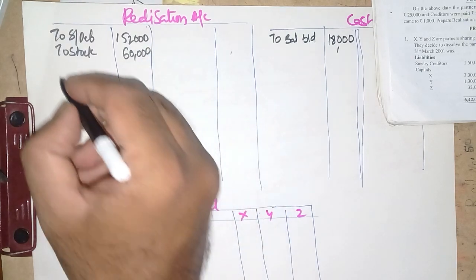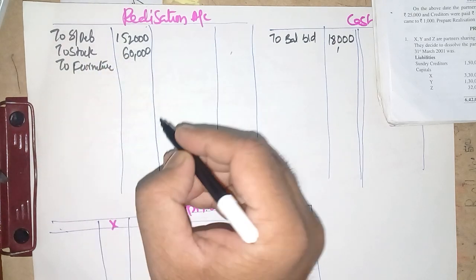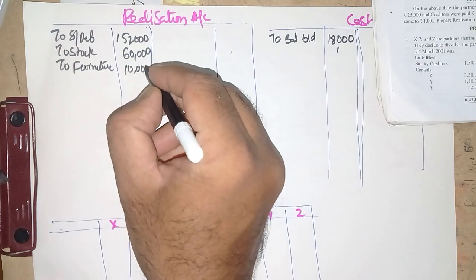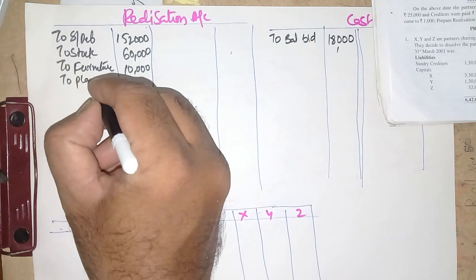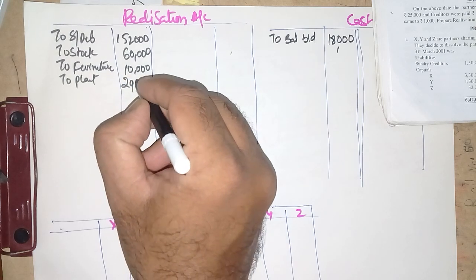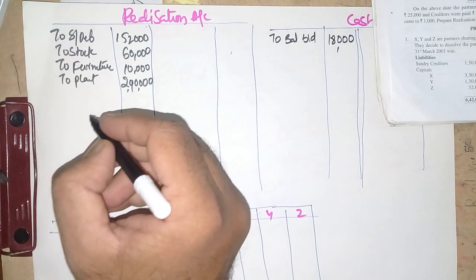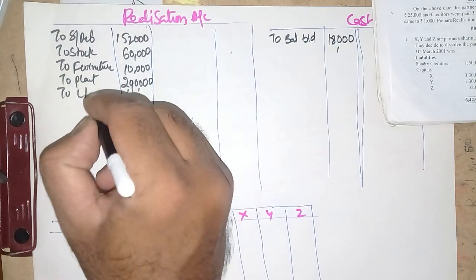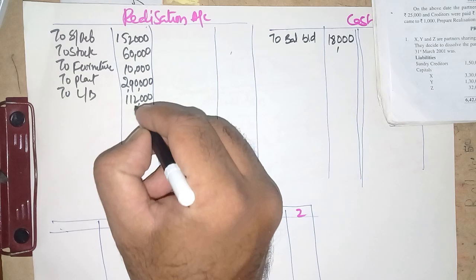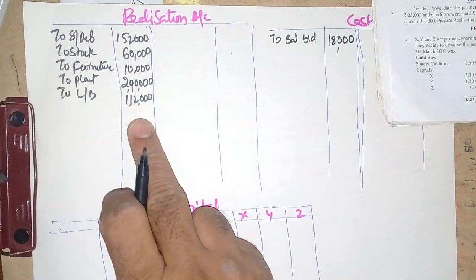Then we have furniture, which comes to 10,000. To plant, which comes to 2,90,000. Then land and building. To land and building I have written an abbreviation here, you can understand, 1,12,000. So like this, what we have done, we have transferred all assets to realization account.